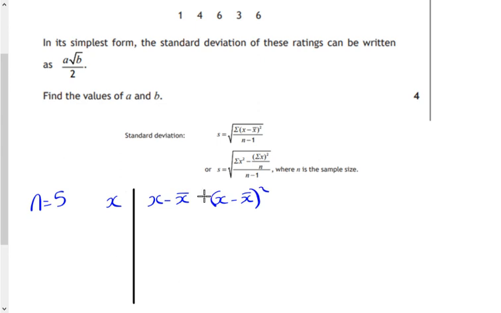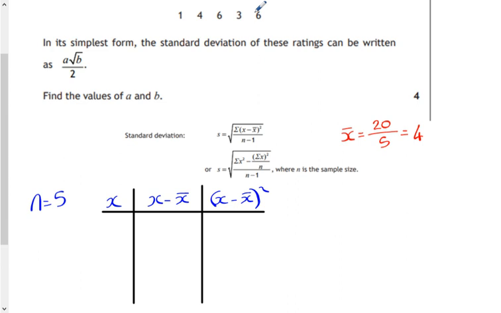We are also going to need to know what x bar is. So given that this is a non-calculator paper, we'll have to add these up. So 4 and 6 make 10, 1 and 3 makes 4, plus 6 is 10. So we get x bar to be equal to 20 over 5, which is 4.